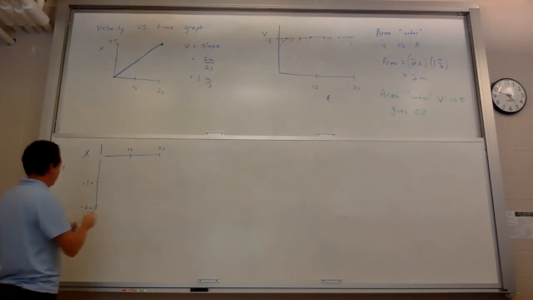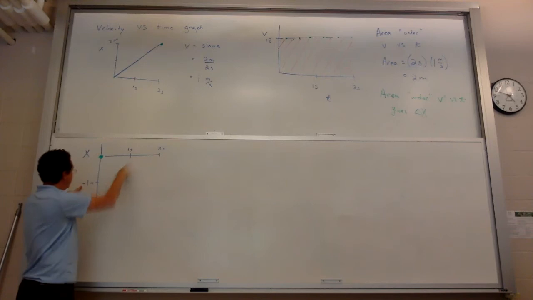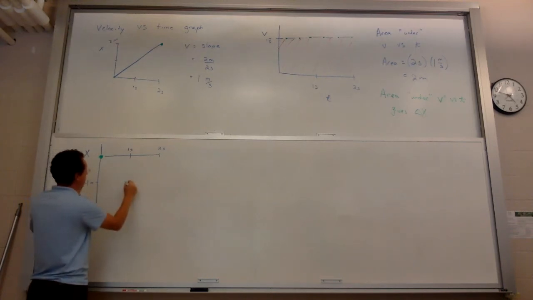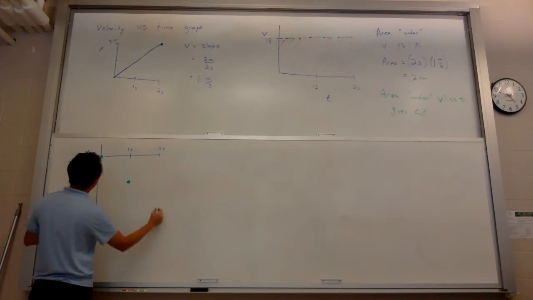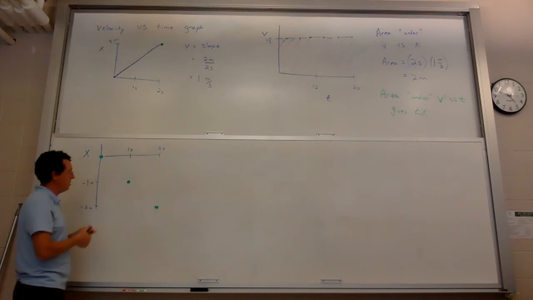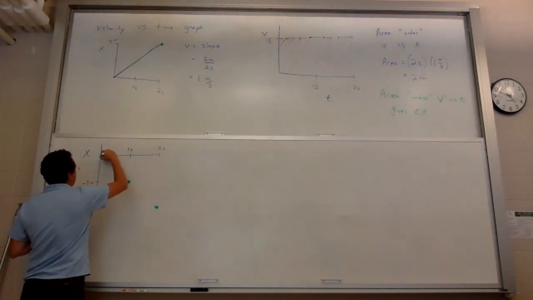Switch back to green. I started at 0. And then after 1 second, the position was -1 meters. And after 2 seconds, the position was -2 meters. And we assume we could have measured, or maybe we did measure, all the positions in between. So we can go ahead and dot that in.